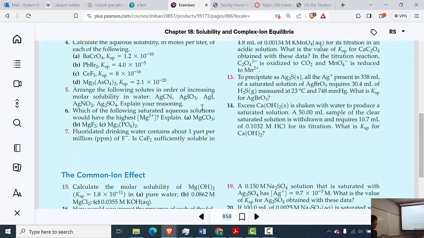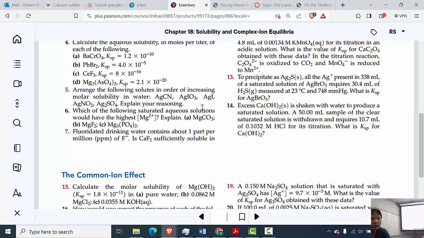And so we could take a look at magnesium carbonate, magnesium fluoride, magnesium phosphate, see what the KSPs tell us, and then figure it out from there. Yeah, we use Appendix D. Let's go ahead, we'll take a look at that.